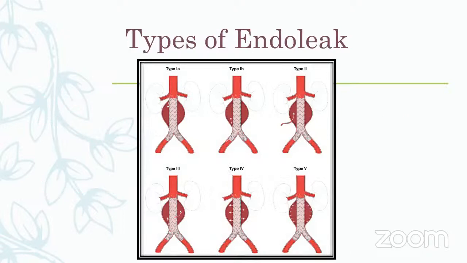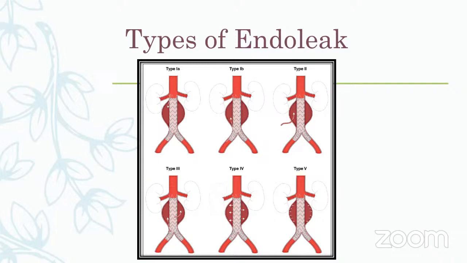Now, endoleaks have many types, and they can be classified into 5 types. Type 1 endoleak occurs at the proximal attachment site, and this is called type 1A, or the distal, called type 1B, and signifies a failure to achieve a hemostatic seal at these implant sites.